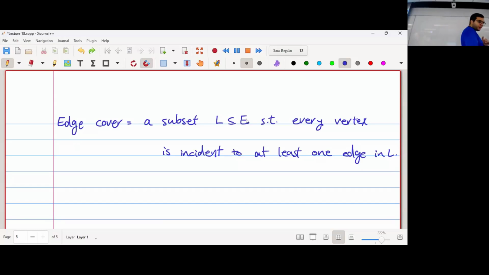So up until now, we've talked about independent sets, matching, vertex cover, and edge cover. For independent sets and matchings, we were looking for maximum. And for vertex covers and edge covers, we were looking for minimum. So can you guess something which is kind of similar to the results that we've had so far?